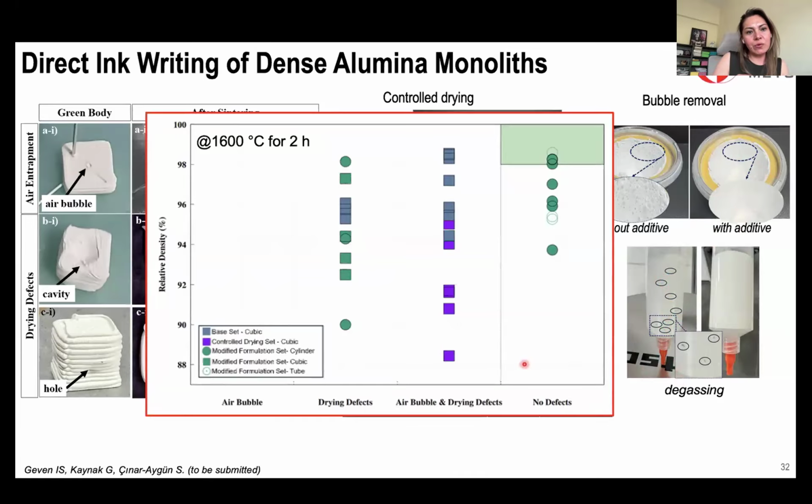Eventually, once those parts are sintered, these are the results for the relative densities, as a percentage of theoretical, of the samples that we produced. With the optimum, modified formulation, we could reduce the scatter in the density values and increase the relative densities of the samples.